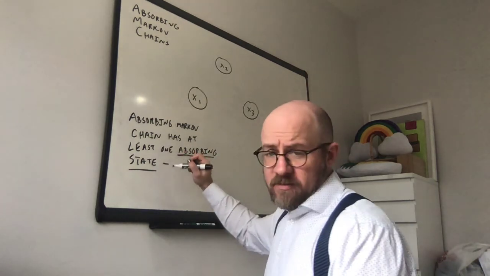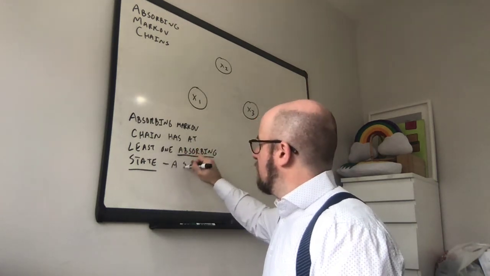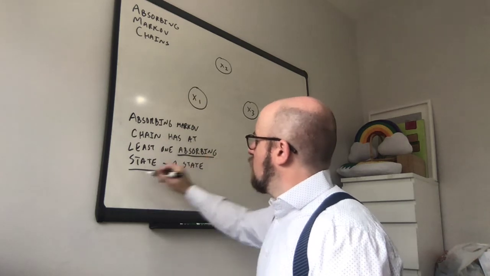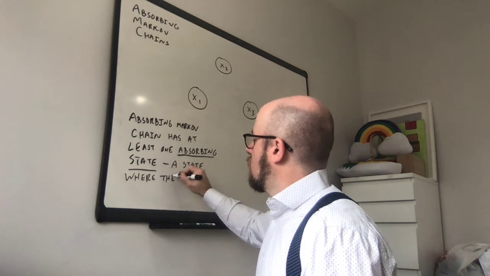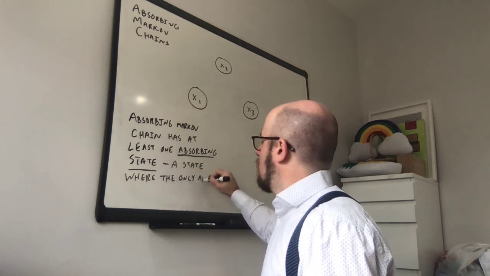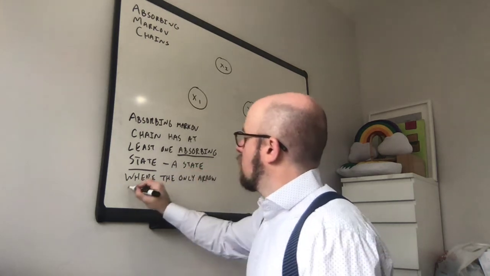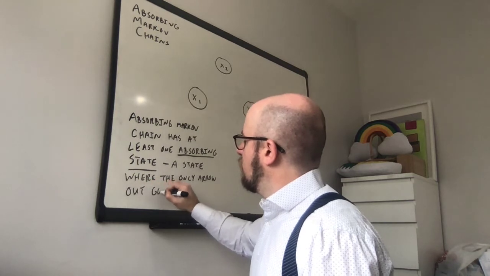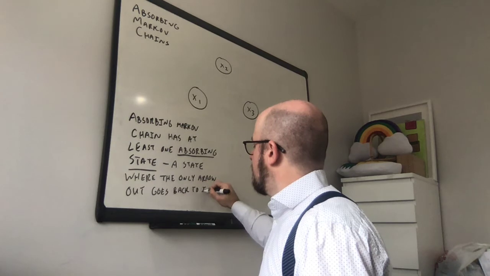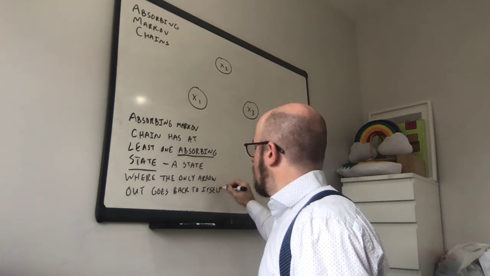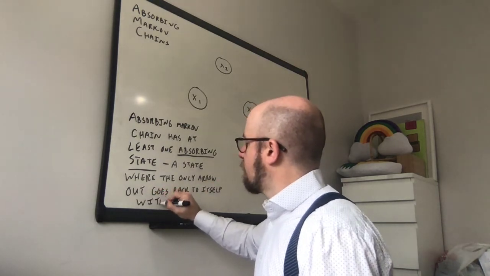So in terms of our state diagram, it's the state where the only arrow out goes back to itself with weight 1.